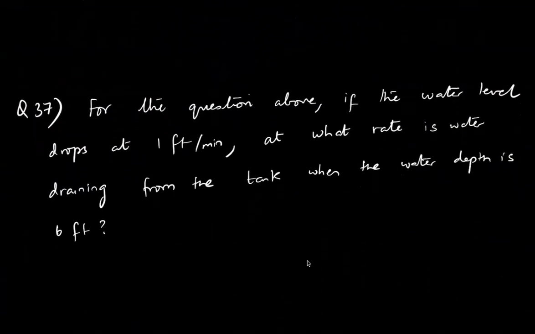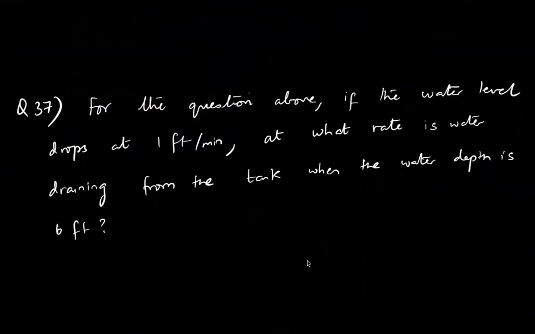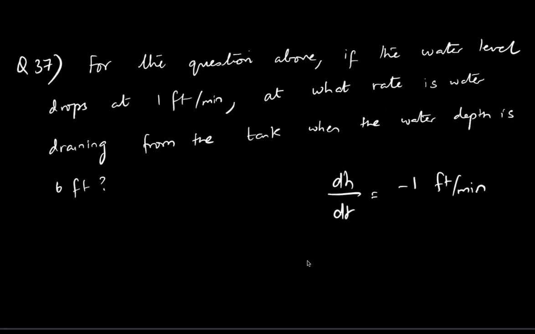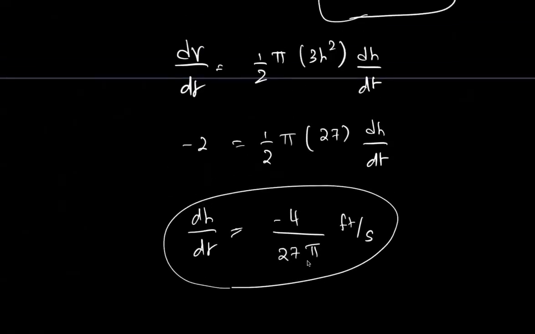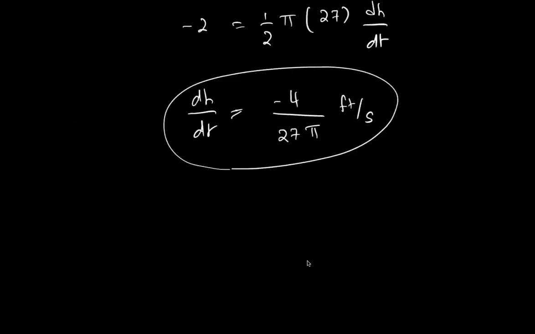Okay, now the same thing above, the question asks if the water level drops at, so now we are given dH/dt to be -1 feet per minute. The question is asking you at what rate is the water draining from the tank. So now we have already established that dV/dt is equal to 1/4, 3/12 pi h squared.